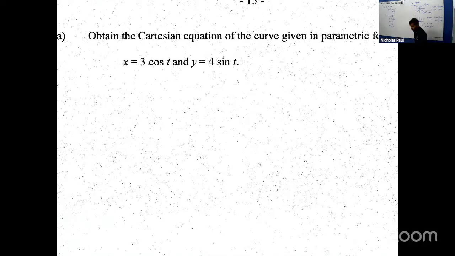It has cosine and sine, and it's not a parabola. So you have to get rid of cosine and sine, right?